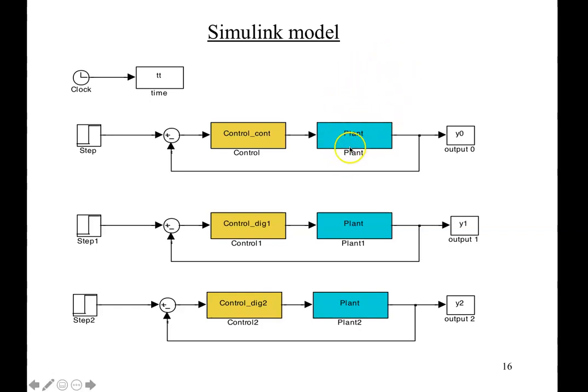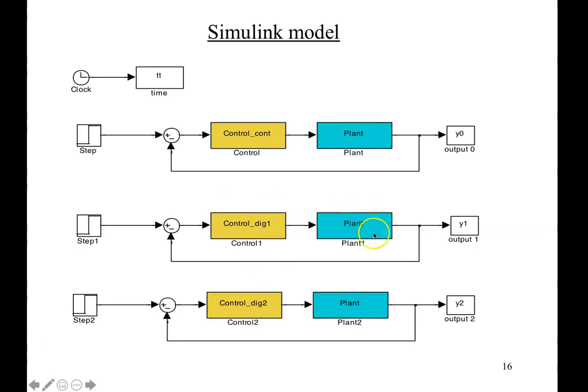I put my K(s), the phase lead compensator I designed in continuous time in my previous discussion, with a feedback and a step signal to study the step response of the continuous time system. I copy the same plant down here, but use digital controller 1, which is the one converted from continuous using the backward difference method.